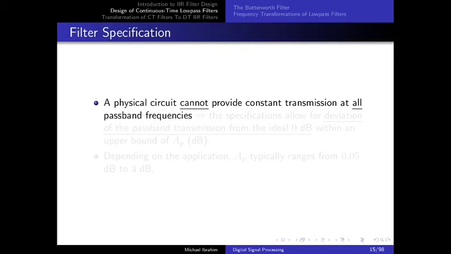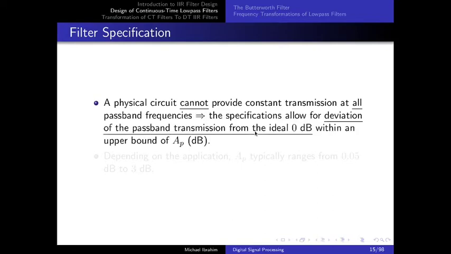So again, the ideal frequency response should be flat for the entire passband, flat for the entire stop band, with a sudden transition between passband and stop band. But physical and actual circuits cannot provide this constant transmission during the passband.